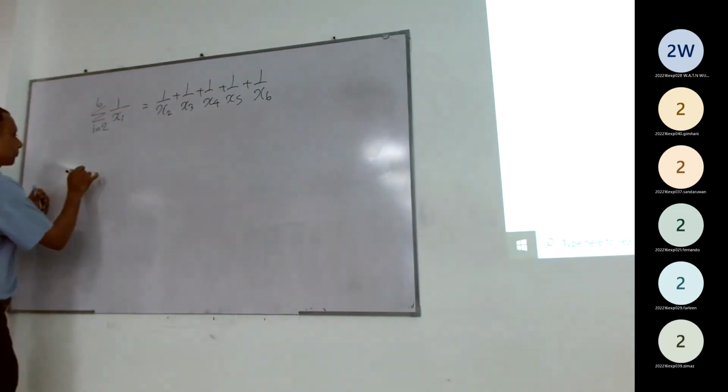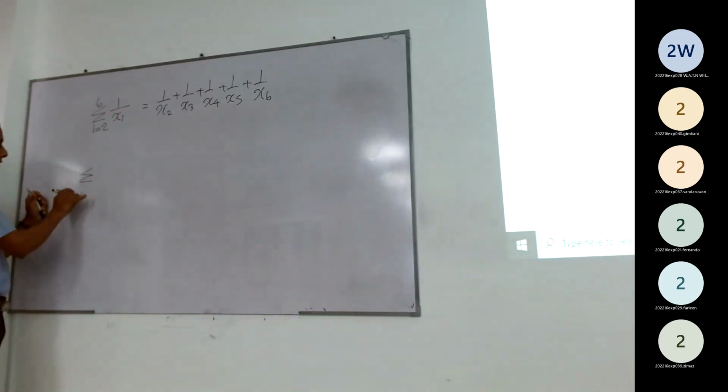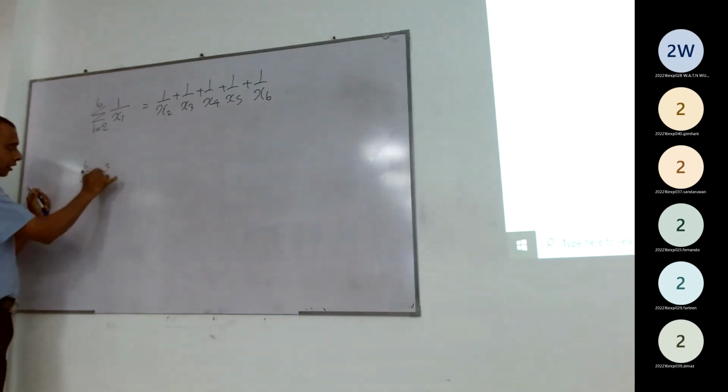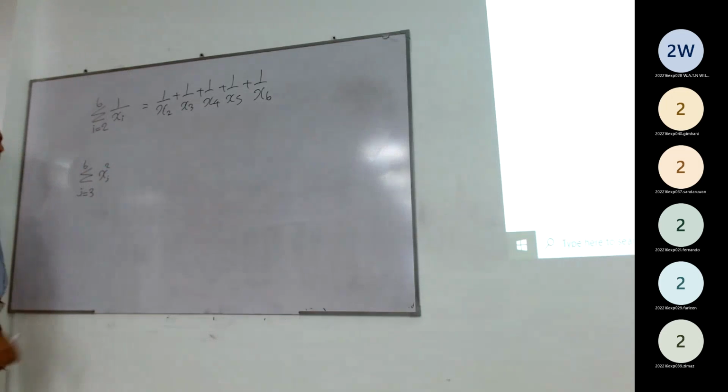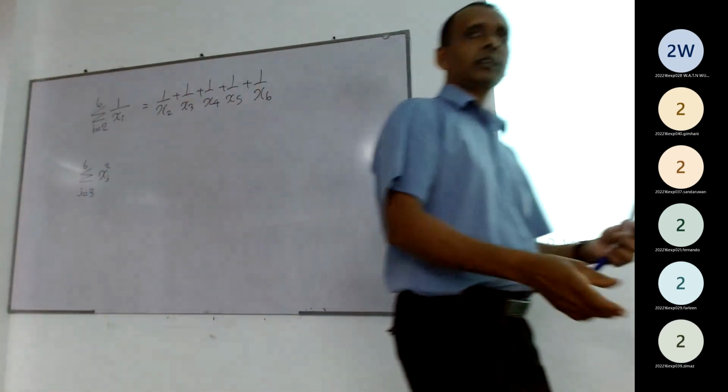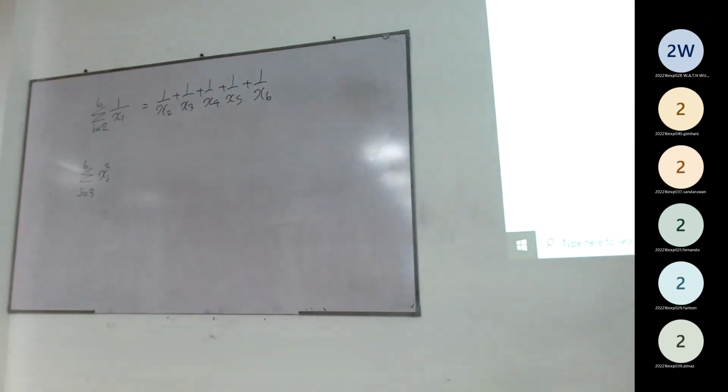This one. Sigma j equals 3 to 6, X squared j. Now practice.